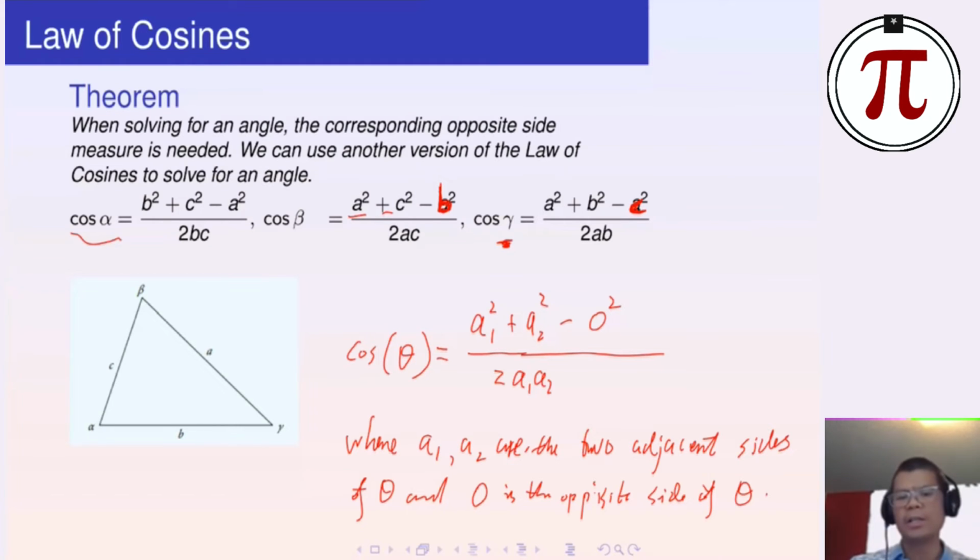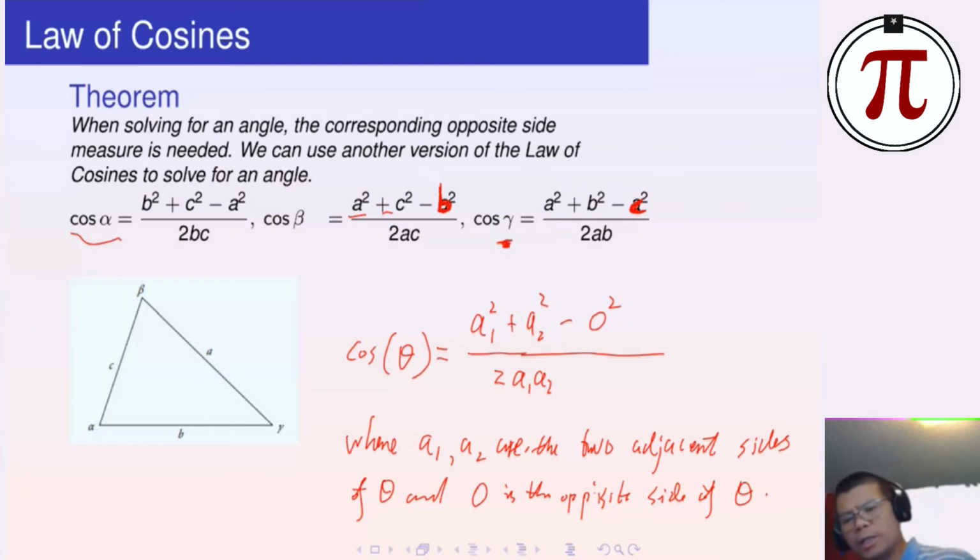For any theta, so this is how you memorize this one. On the top, it is the sum of the squares of the two adjacent sides minus the square of the opposite side. On the bottom is 2 times the product of the two adjacent sides.